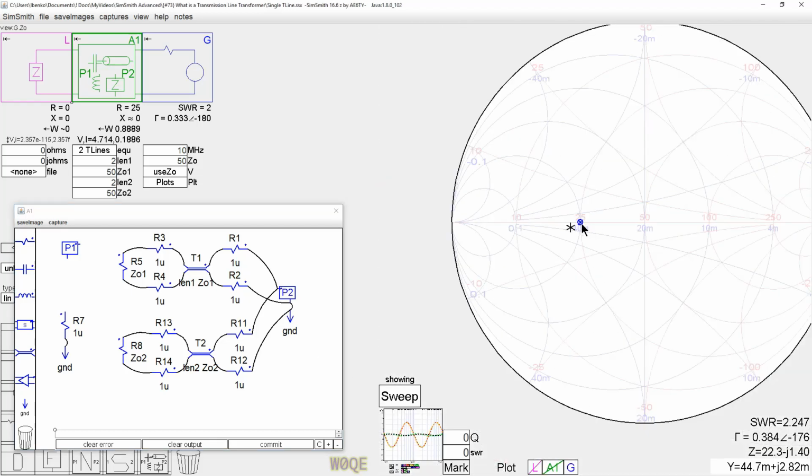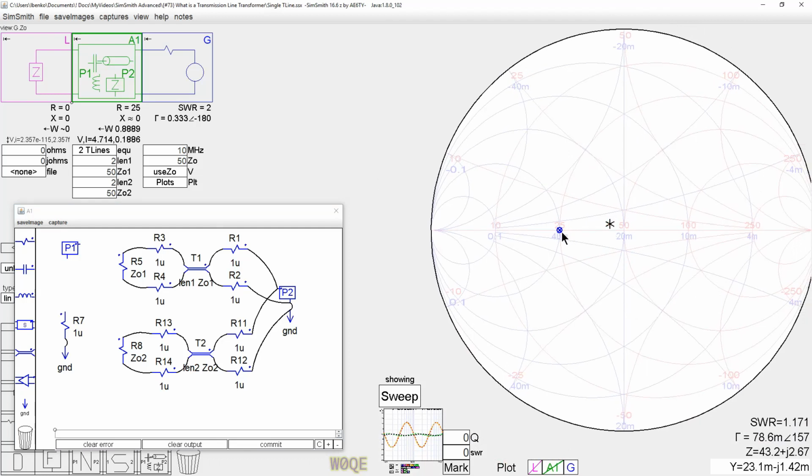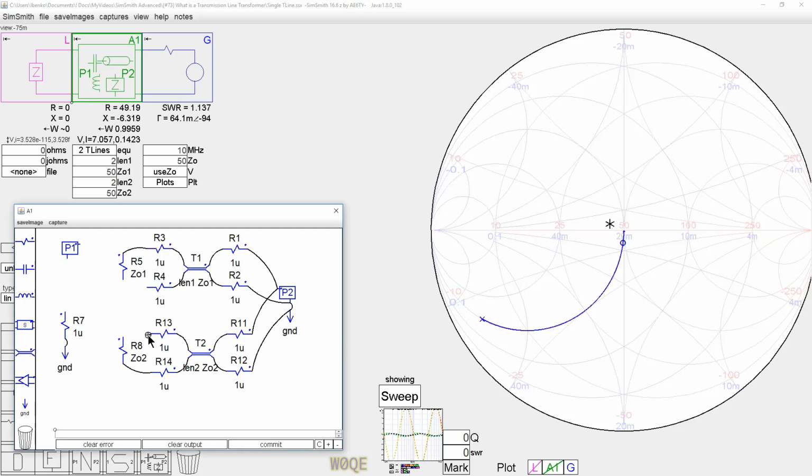We go back to the Smith chart, and what we see is 25 ohms. We're sweeping it. It's 25 ohms without regard to frequency. Obviously, there are little component things that will get in the way later, but this is very interesting because now let's change this circuit to be this.